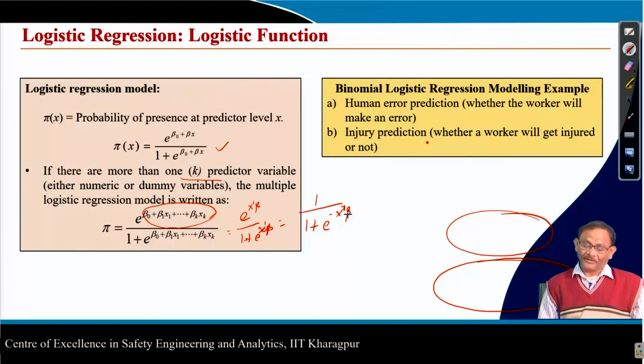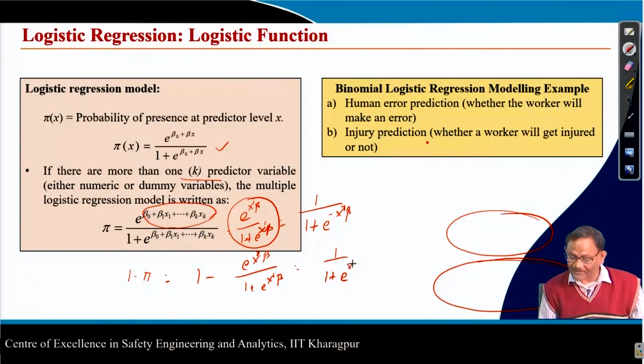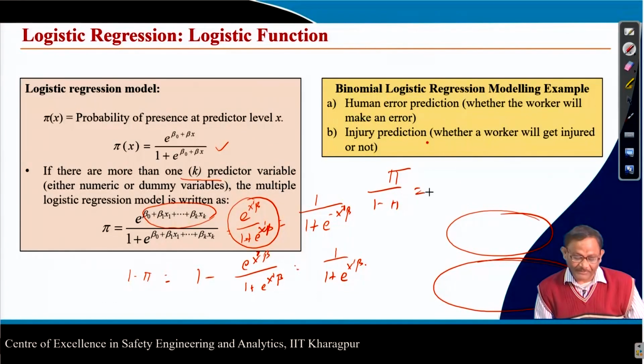Okay, or you may find out, suppose this is the case, what is 1 minus pi? Then it will be 1 minus e to the power x transpose beta by 1 plus e to the power x transpose beta, then this will be 1 plus this minus this, so 1 by 1 plus e to the power x transpose beta. Now if I create pi by 1 minus pi, what will happen then?